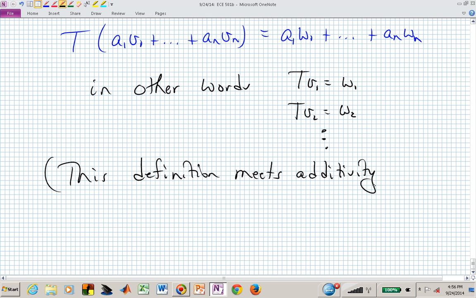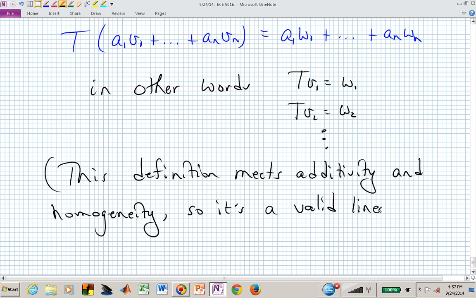Where this definition meets additivity and homogeneity. So it is a valid linear map.